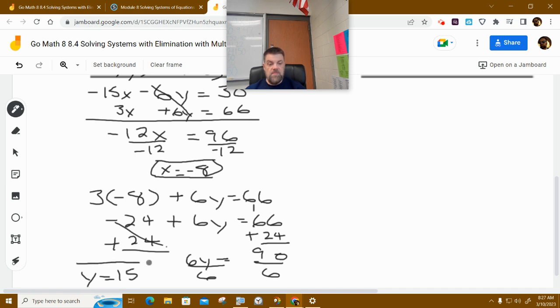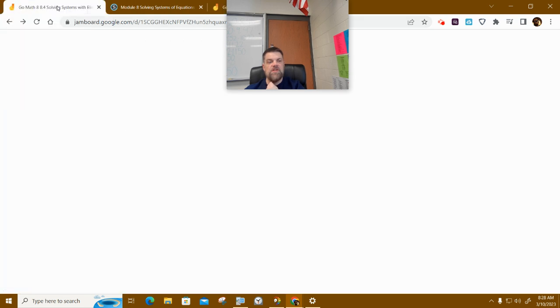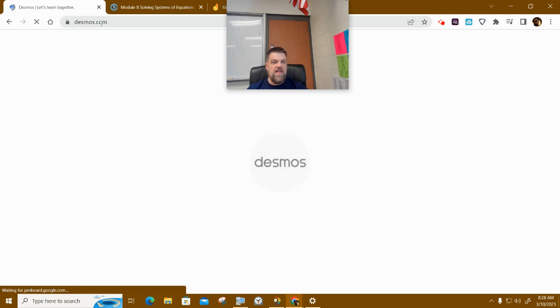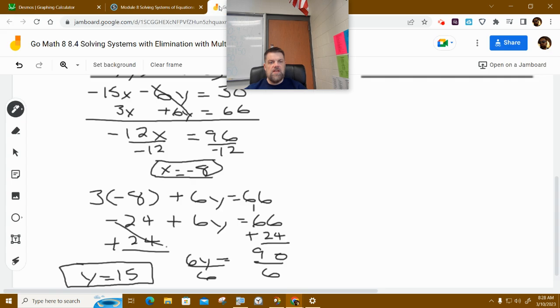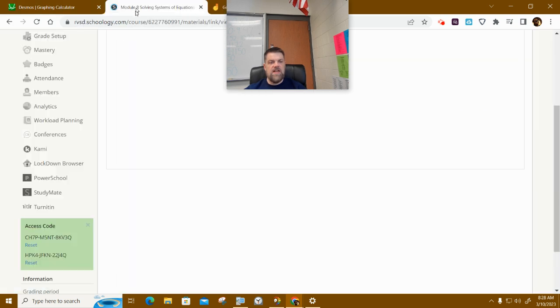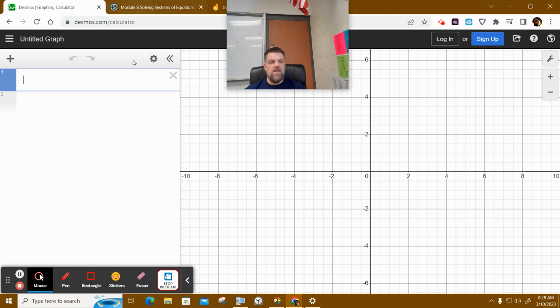Now those are bigger numbers than we're used to seeing. How do I verify this, guys? There's 2 ways to verify it. Yeah, we could plug it into Desmos for sure and see where the graphs line up. So the first equation was 5x plus 2y equals negative 10.